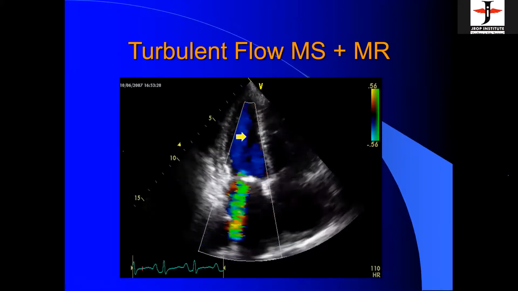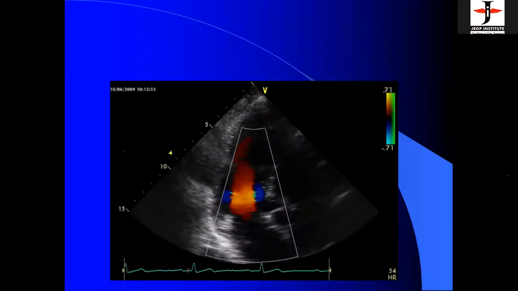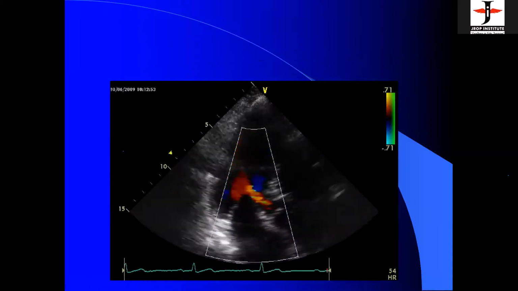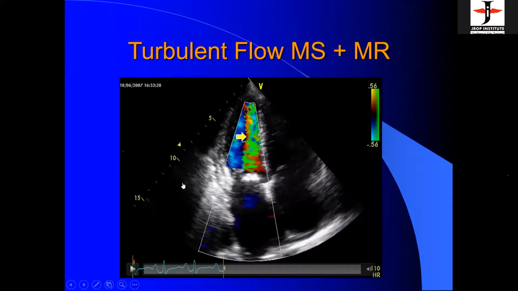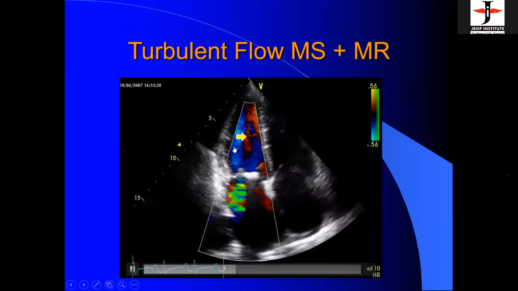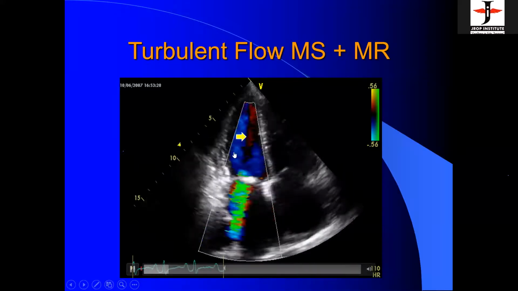But here you see a turbulent flow towards the transducer and away. So this is how a turbulent flow looks.